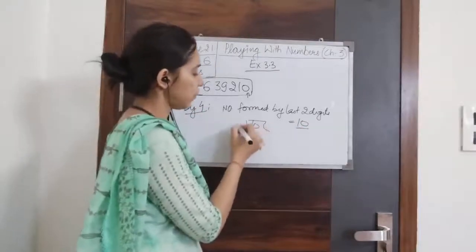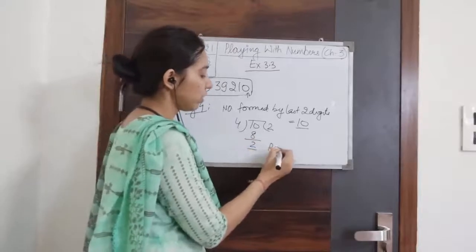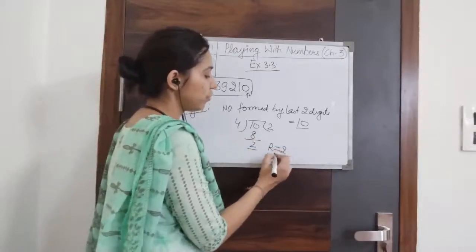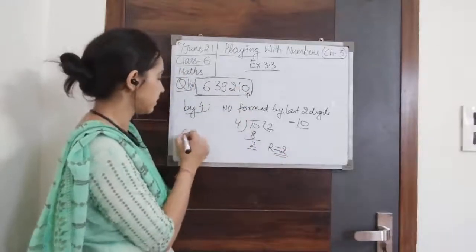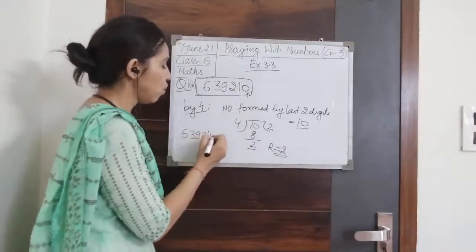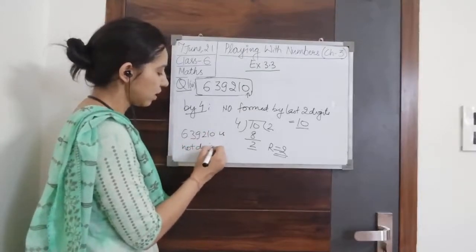Is 10 divisible by 4? No, because the remainder is 2, which is not 0. It means this number, 639210, is not divisible by 4.